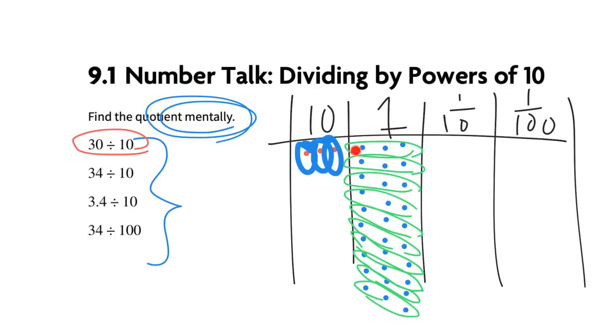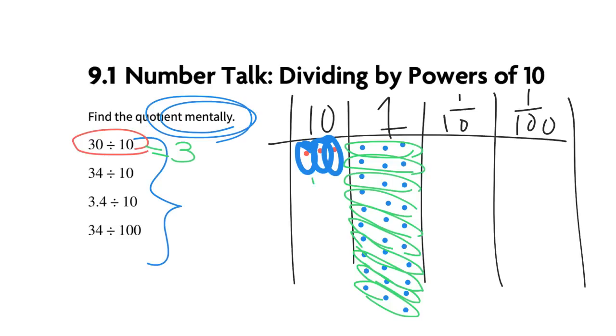There are my 10 equal groups. So 30 divided by 10 equals 3, because each group equals 3 dots. So look at that. 30 divided by 10 equals 3.